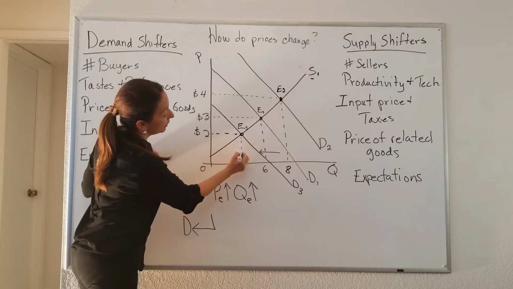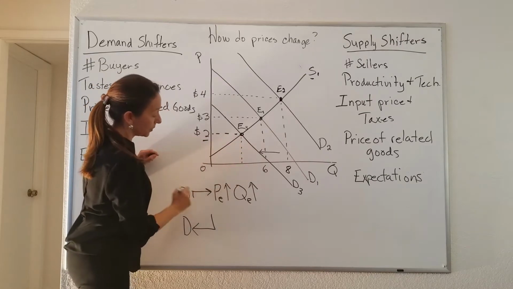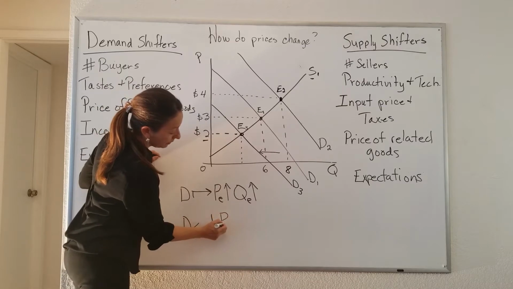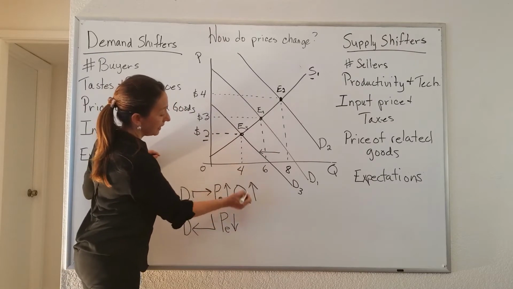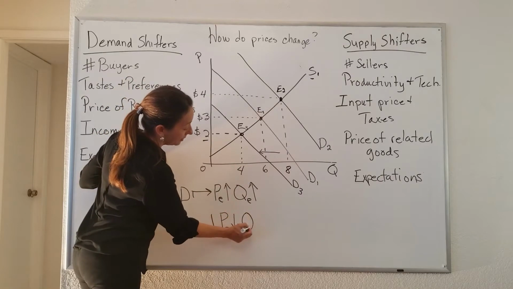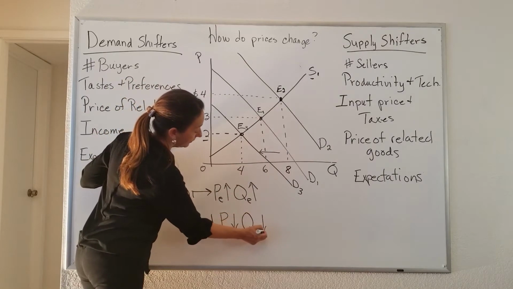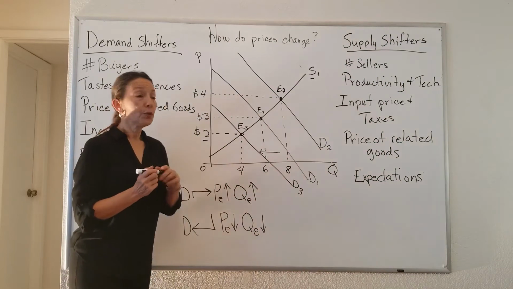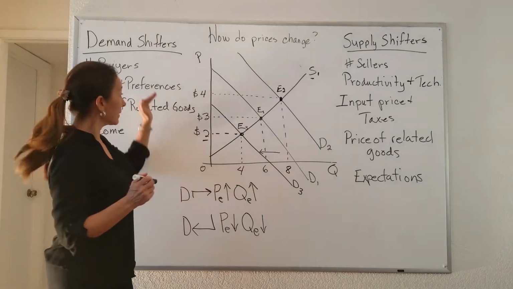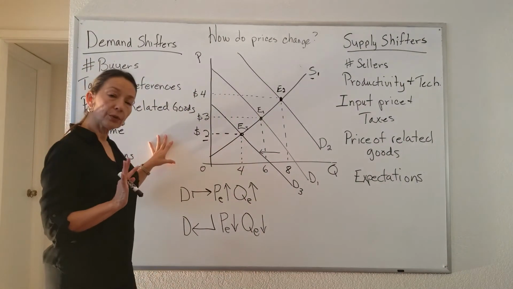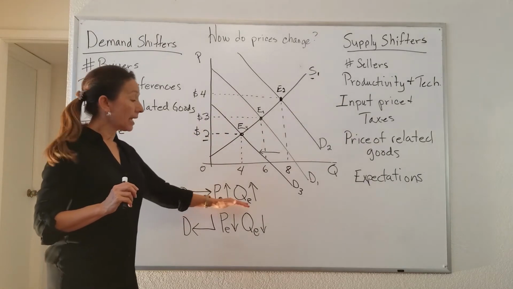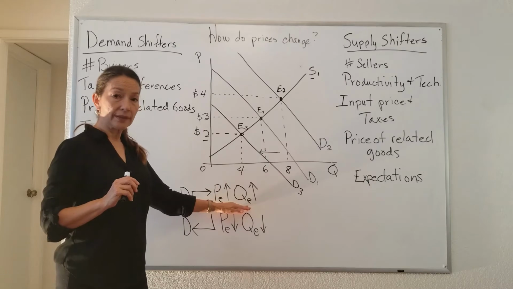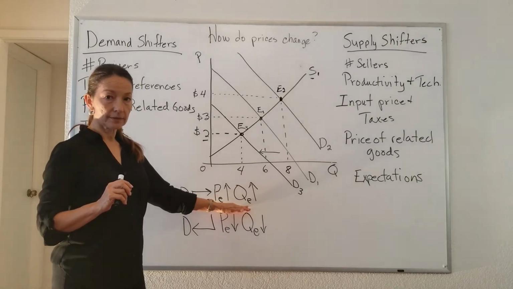We have a new equilibrium price of $2. So we know equilibrium price goes down and equilibrium quantity goes down as well. You will want to go through each of these variables and figure out what will happen to equilibrium price and equilibrium quantity when the demand curve shifts.